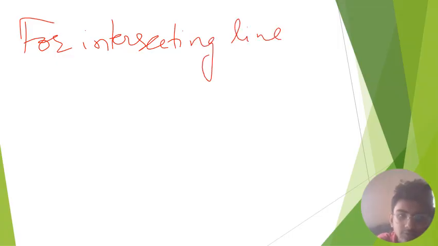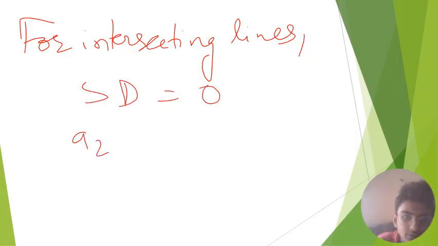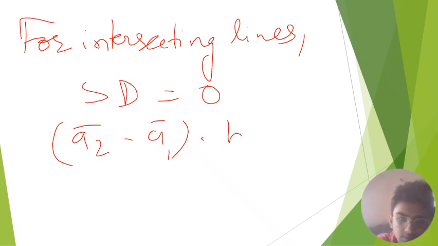There are two ways to check whether lines are intersecting or not. First, the way we discussed in the last lecture, and second is checking the shortest distance. If it is coming 0, it means it is an intersecting line, like this.